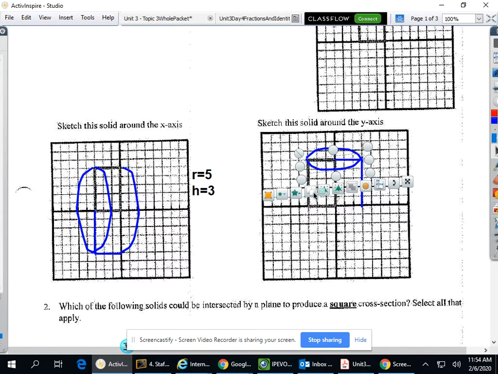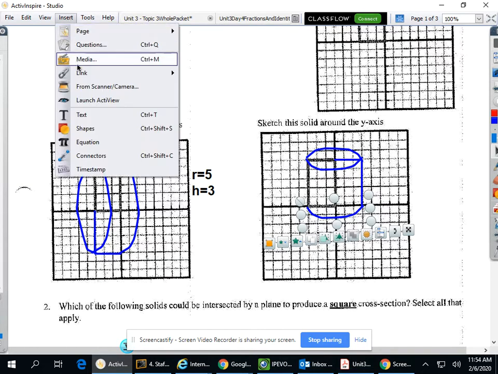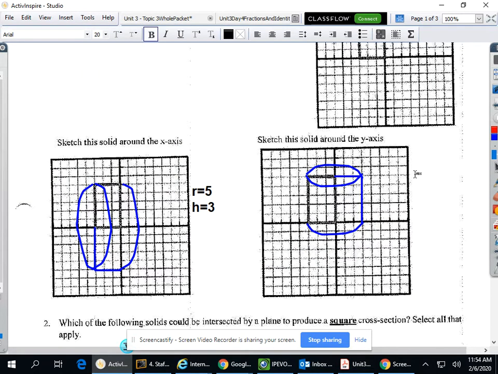All right, and then duplicate it again. Slide it down here. So about the y-axis, I have a radius of 3 and a height of 5.